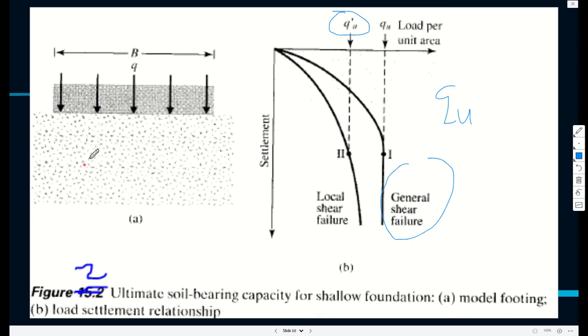You should note that the QU for local shear failure is less than QU for general shear failure. Now, don't worry, because the difference is actually just the area. General shear failure affects a larger area than the local shear failure. But the behavior is more or less the same.